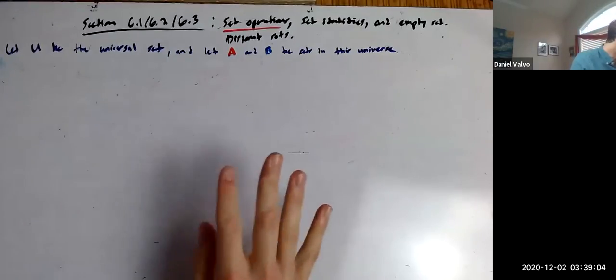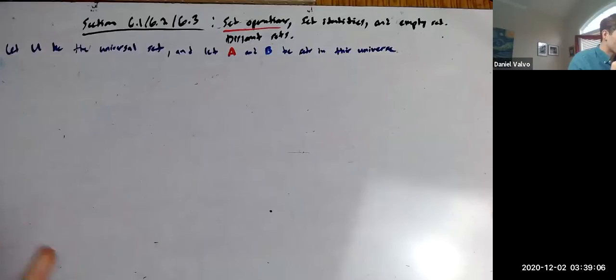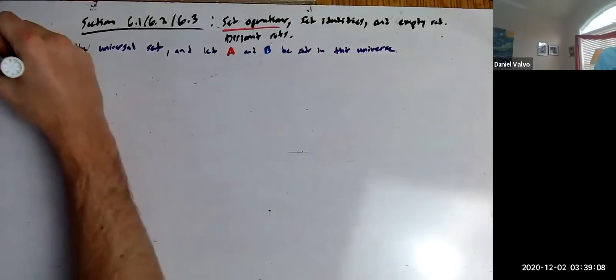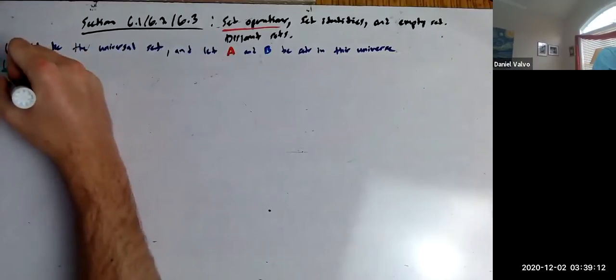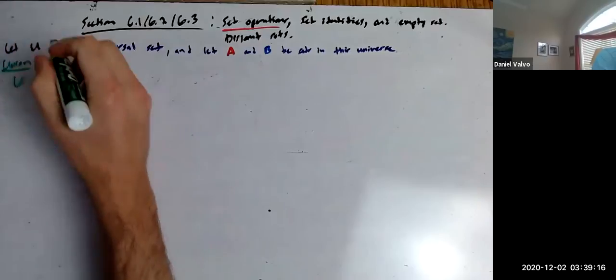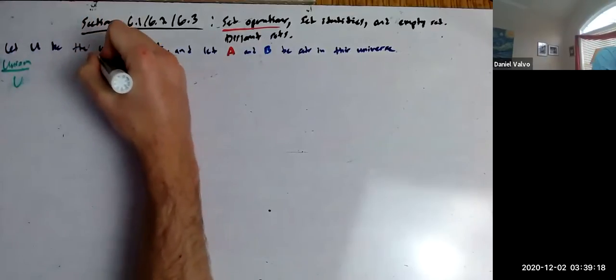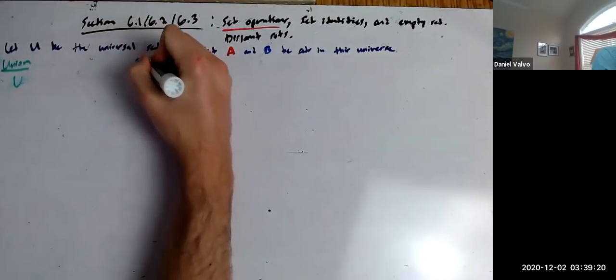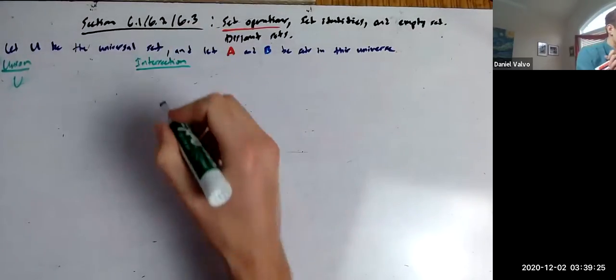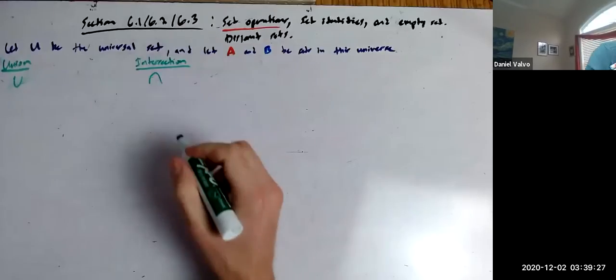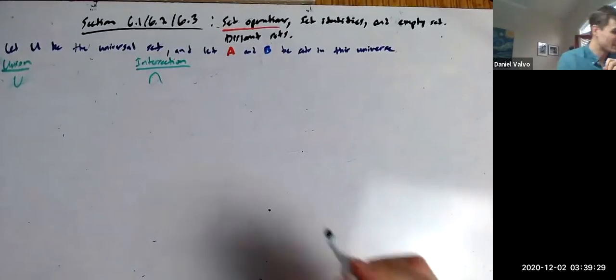Then we have four operations that we talked about last time. We have the union, whose symbol is just like a U, really nice and simple. In LaTeX, it's called a cup, interestingly enough. We have the intersection, which has the downward cup symbol, which LaTeX calls a cap. I kind of like that.